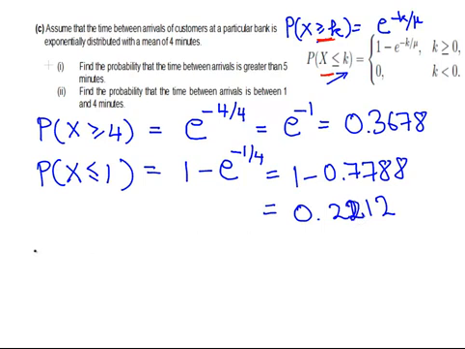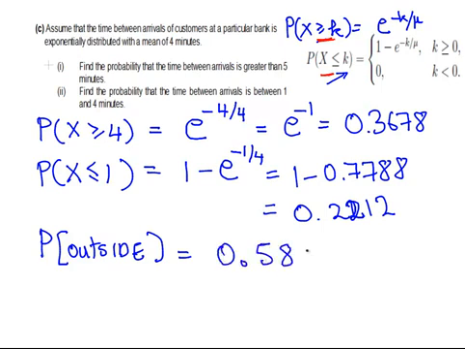Okay. So the probability of being outside the interval is the sum of those two together, and that is equal to 0.5890.